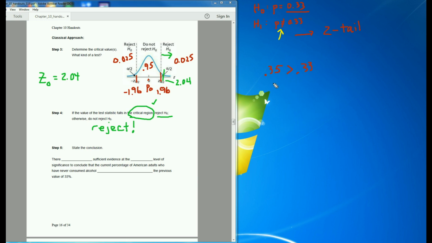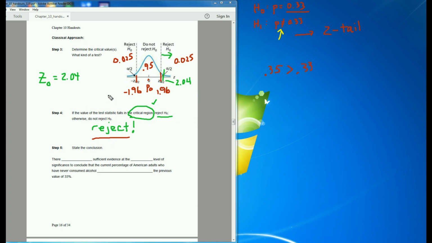How much bigger is it, statistically speaking? That's what we find out by calculating the test statistic and then comparing it to the critical value. It is, in fact, statistically significant. It is big enough that we can go ahead and reject our null hypothesis. And even though it's not that much bigger, it was based on a very large sample size of 2,300. So that helps add to the fact that we are going to be beyond the critical value.